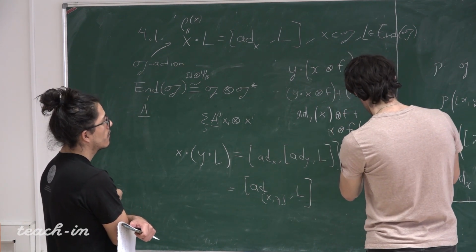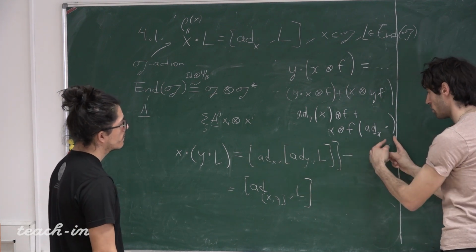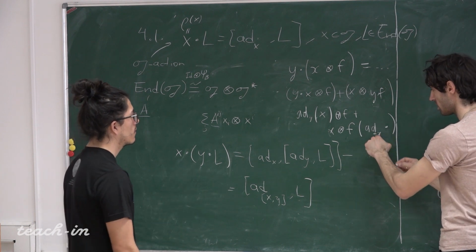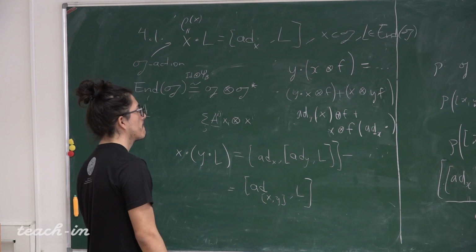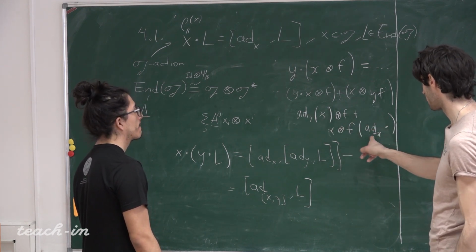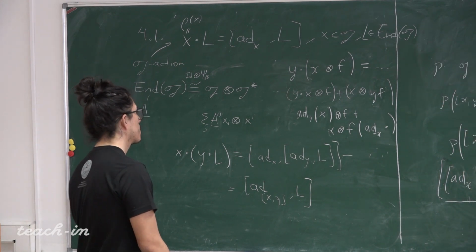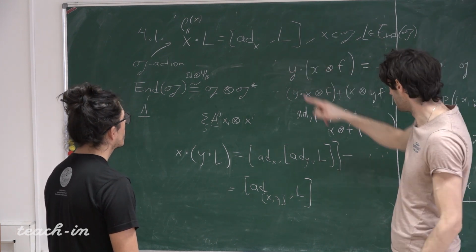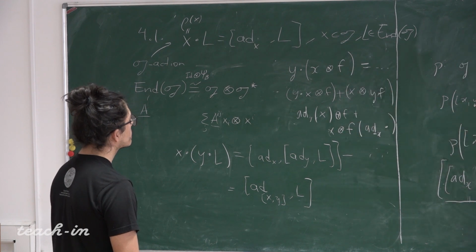So this is a form, and this is another form if you start plugging something inside instead of this dot. But we need the minus here. So we have this minus this. So this is one action, and another action is this one. So why do they coincide?